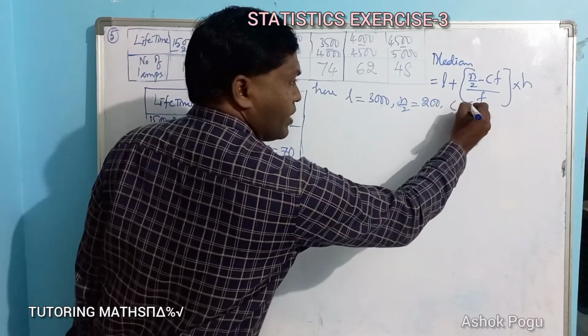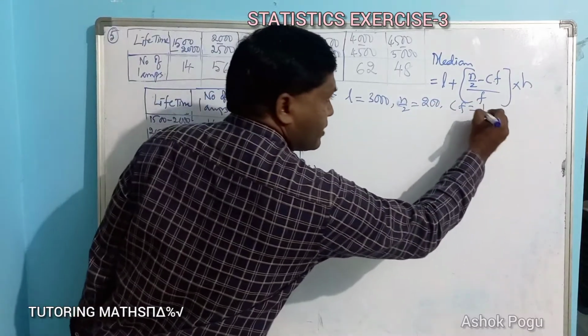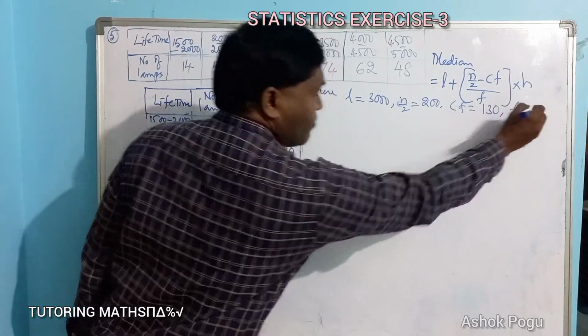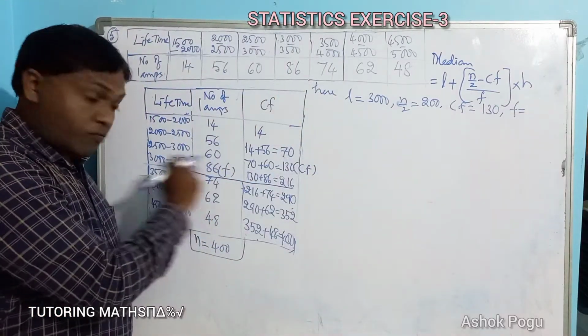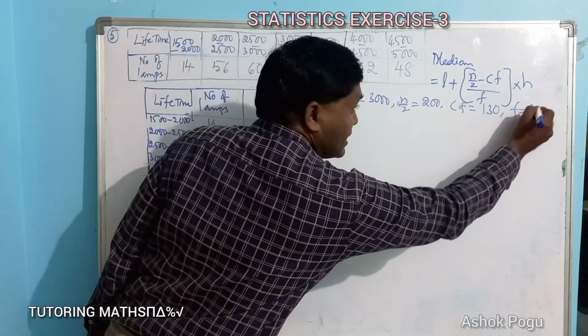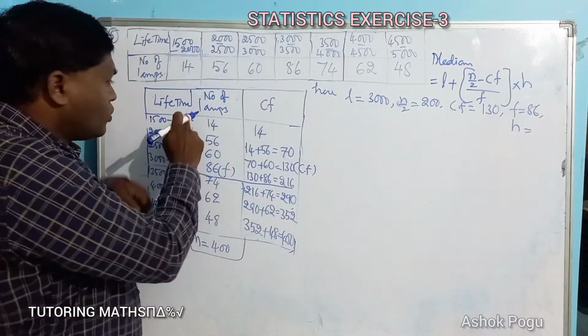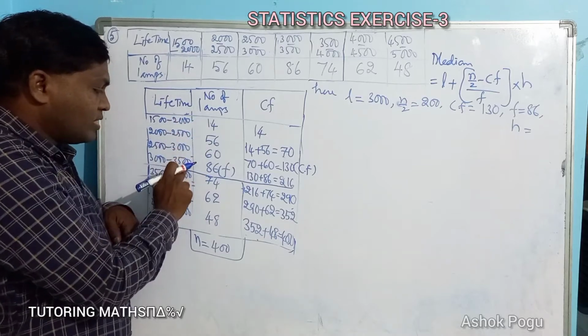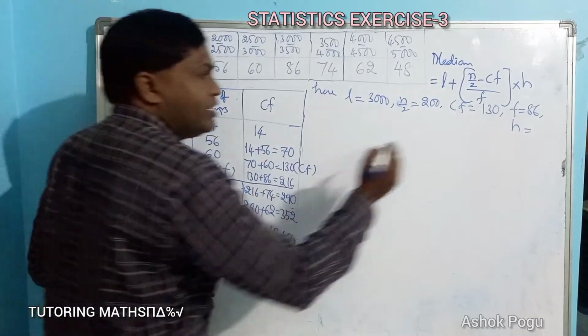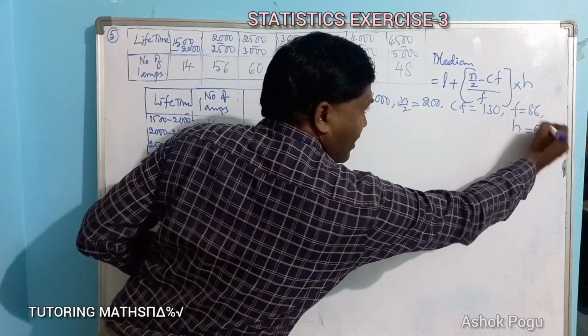Then the cumulative frequency is 130, and small f, the frequency of the median class, is 86. Finally h, the height of the class, is 500: 2500, 3000, 3500, increasing by 500.